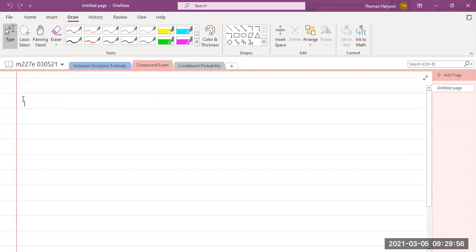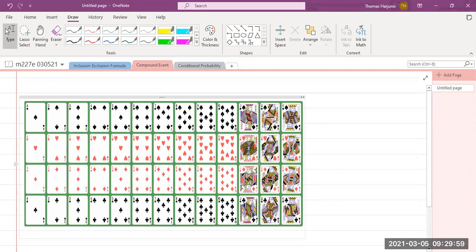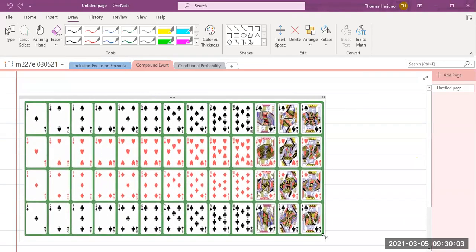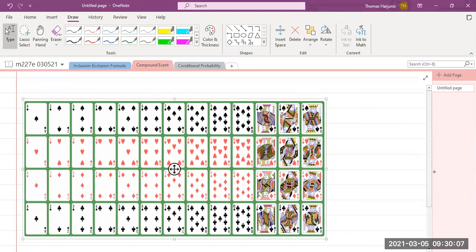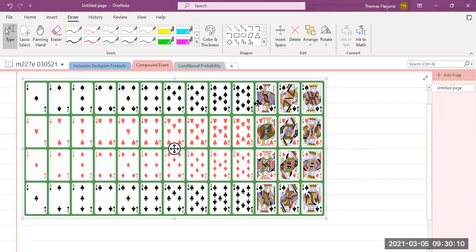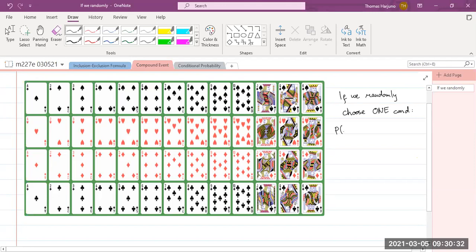Let me quote this: a deck of cards. Now we get used to asking the question: if we randomly choose one card, find the probability of getting a king, find the probability of getting a diamond, find the probability of getting king and diamond at the same time, because we don't select one card, right?